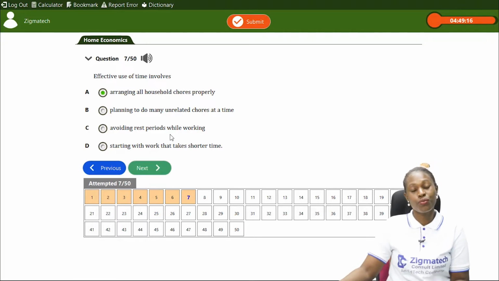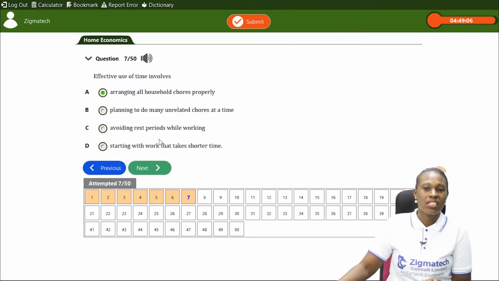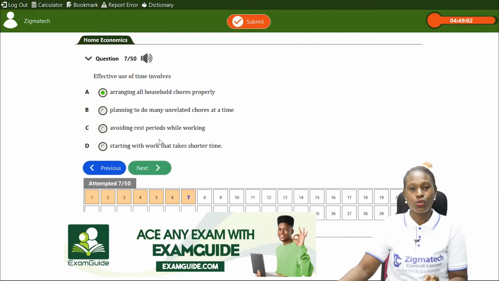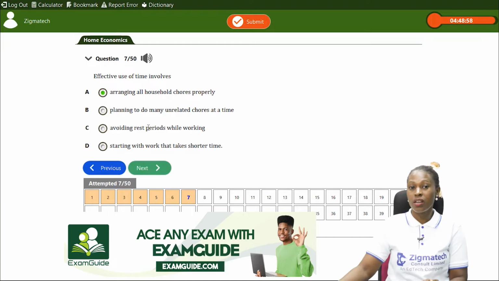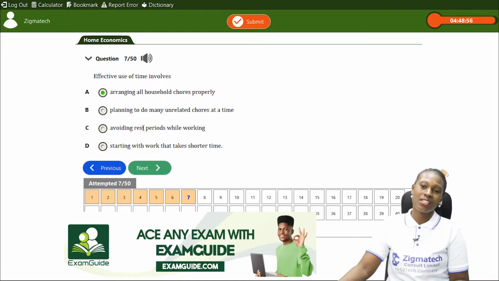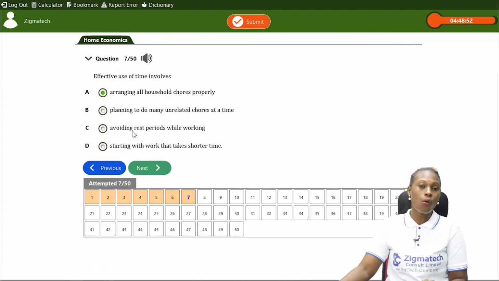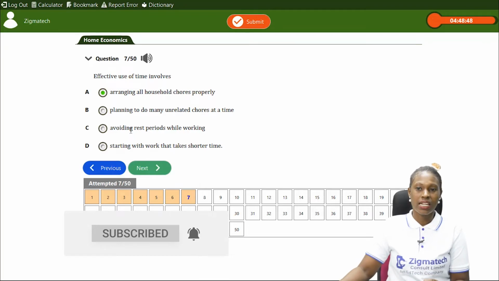That would help you make good use of time. Time management, very, very important. When you arrange all the household chores properly, you wouldn't have to bother about where this is, where that other one is. You would have everything in place, so you would make good use of your time. Time management is very, very important, and to make effective use of your time, it's important to arrange all your household chores properly when you intend working.